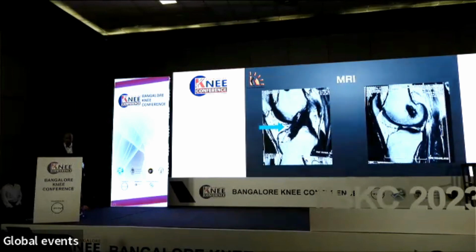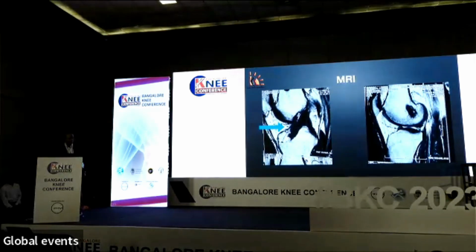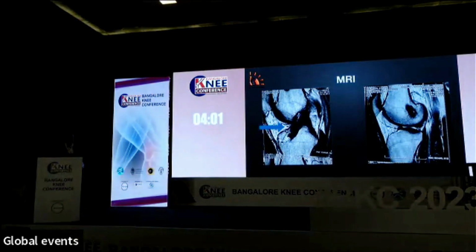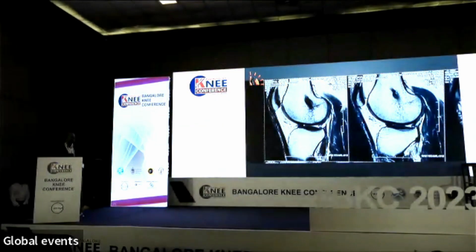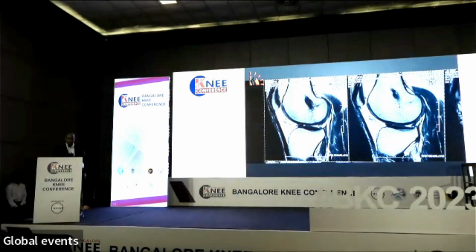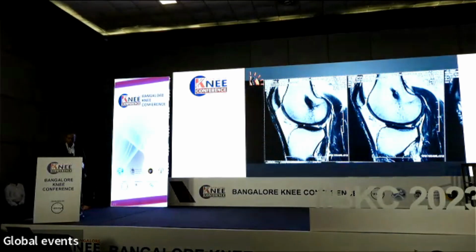X-ray and scanogram were normal. This is the MRI which shows his previous ACL reconstruction status. Here we can notice there is an absence of posterior horn and body, and there is no root as well.